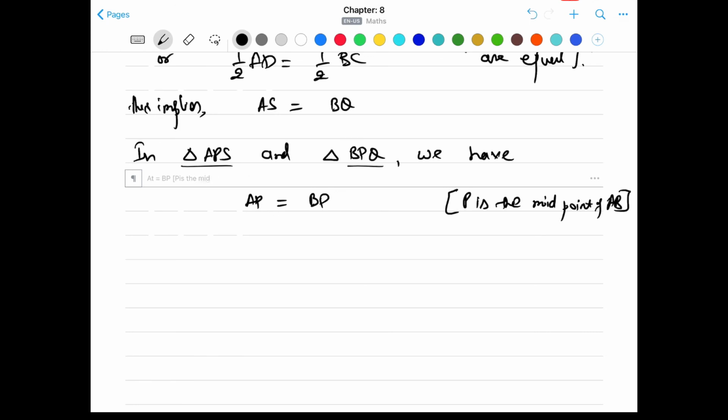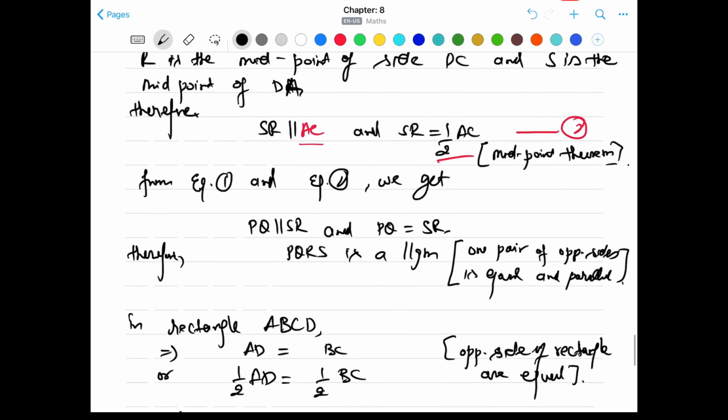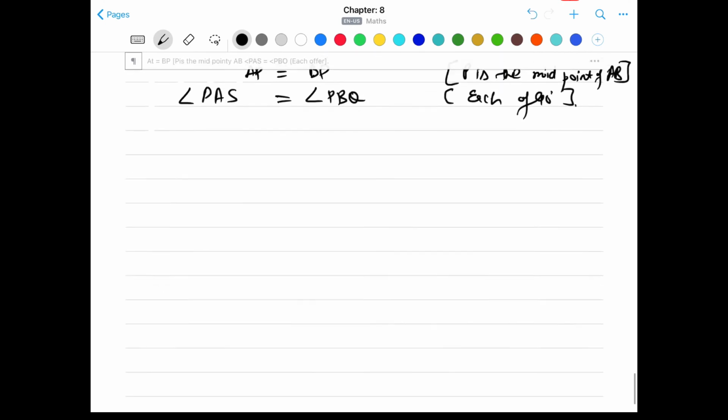That's why AP and BP are equal. Then we have angle PAS equal to angle PBQ, and the reason for this is each is 90 degrees. It's given in the question that ABCD is a rectangle, and as we know all the angles of a rectangle are 90 degrees.